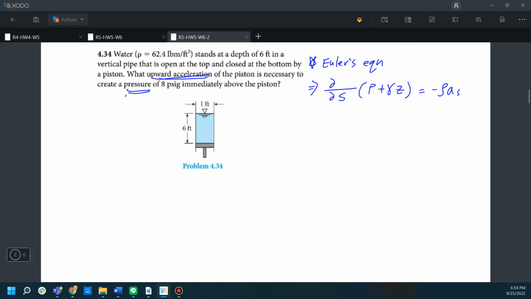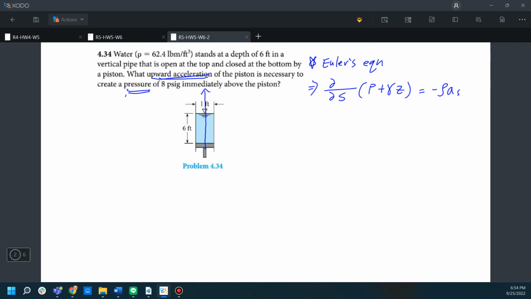And in this piston problem, we define the straight line as vertical in this figure. So we can solve this derivative using the difference between two points to approximate it.